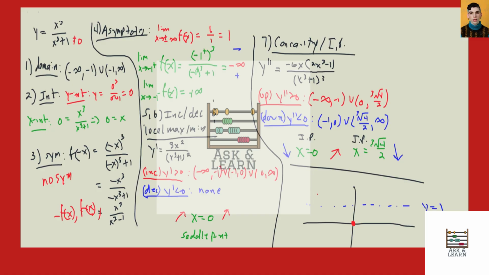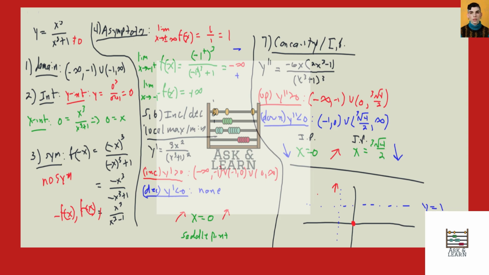And at x is equal to negative 1, we're going to have our vertical asymptote. And we know to the right of negative 1, we should be approaching negative infinity. And to the left of negative 1, we should be approaching positive infinity.